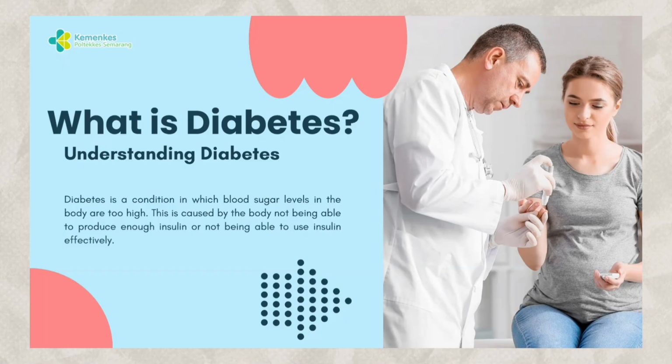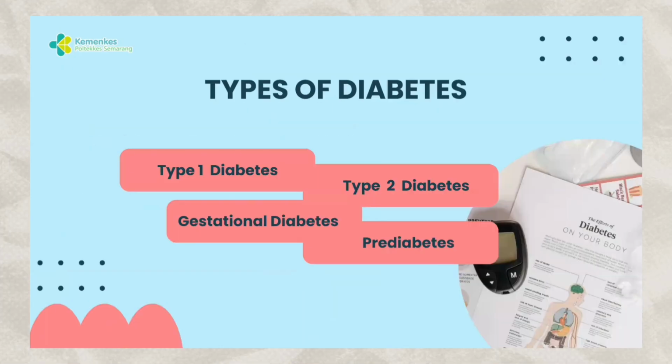Okay, the next is types of diabetes. We move on to the types of diabetes. The first type is type 1 diabetes. Type 1 diabetes occurs when the immune system attacks and destroys the pancreatic cells that produce insulin.